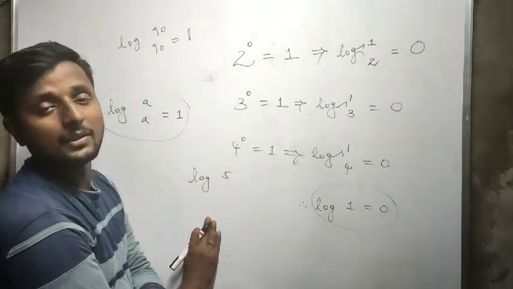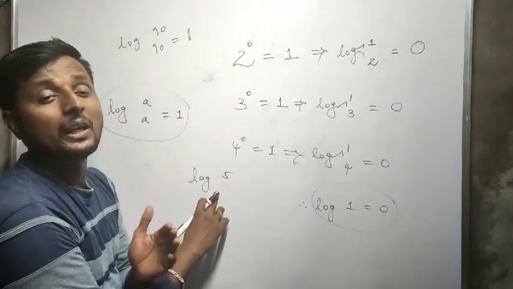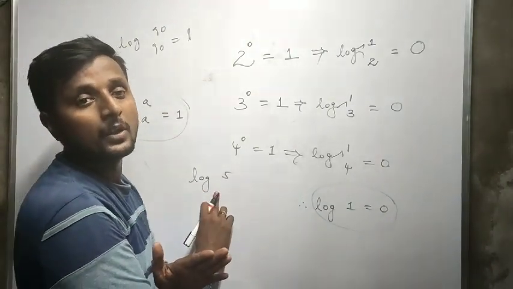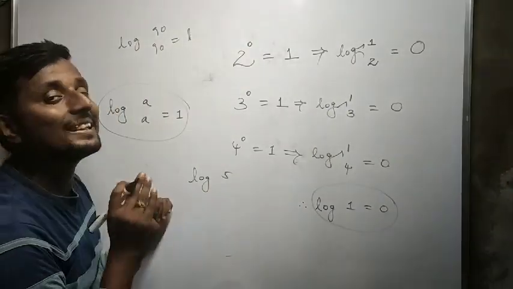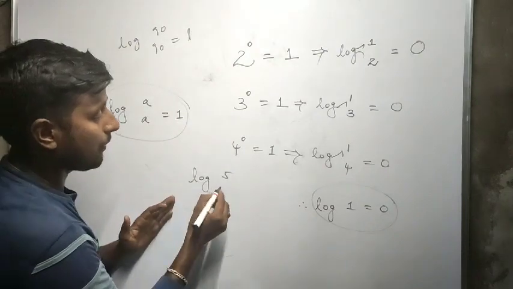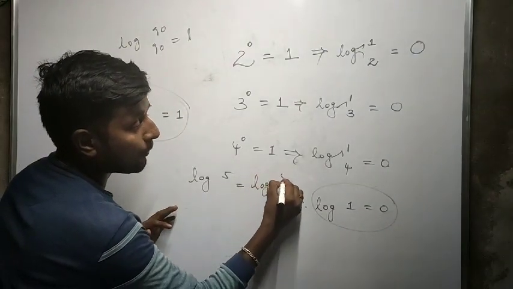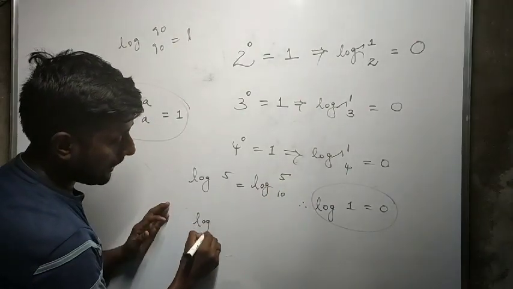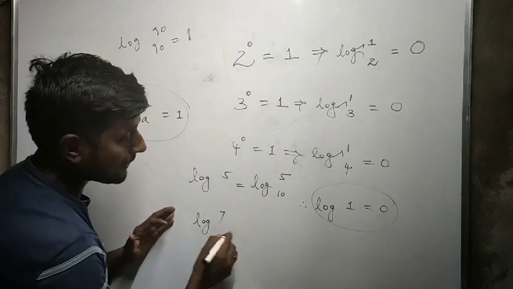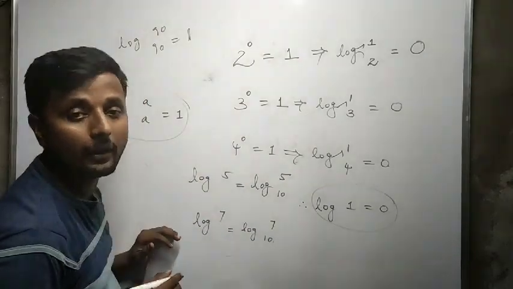In these cases, if they do not mention any base specifically, in the empty space we treat it as 10. For example, if I say simply log 5, I am talking about log 5 to the base 10. If they give only log 7, I am talking about log 7 with the base 10.